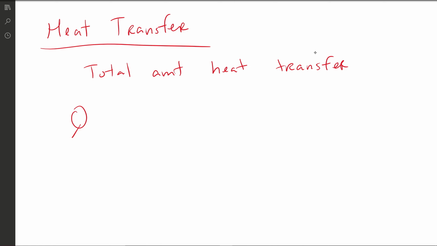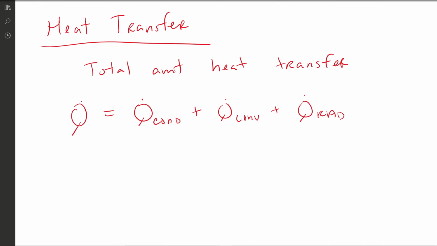So Q conduction plus Q convection and Q radiation. So the sum of those 3 will give us the total amount of heat transfer experienced by a system.